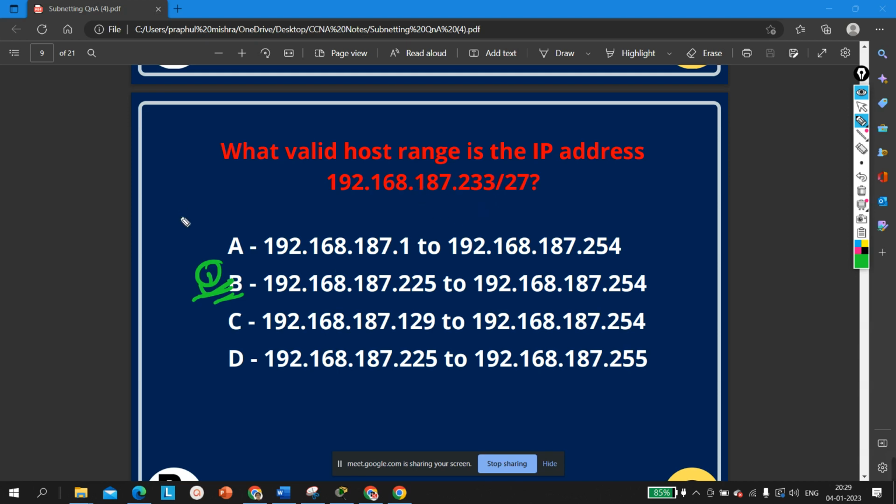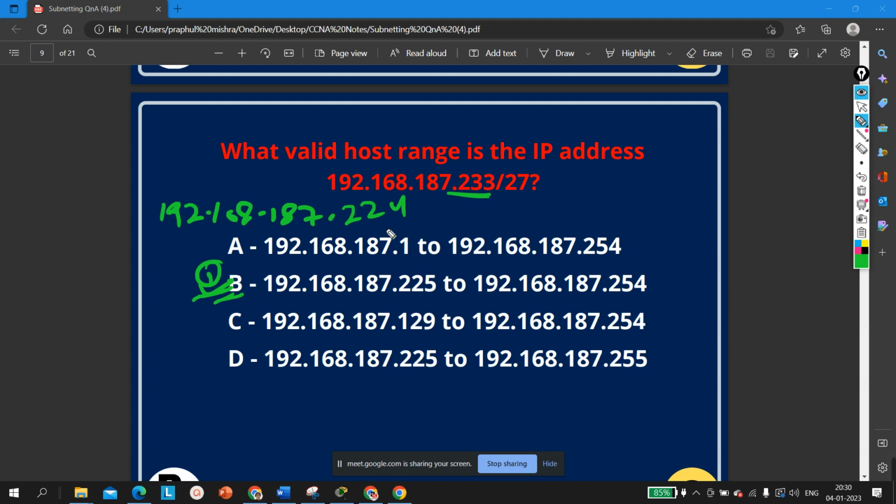What will be the network ID, Kuldeep? 192.168.187 dot what? Network ID 224. 256 minus 224. Yeah, it should be 224, right? 224.